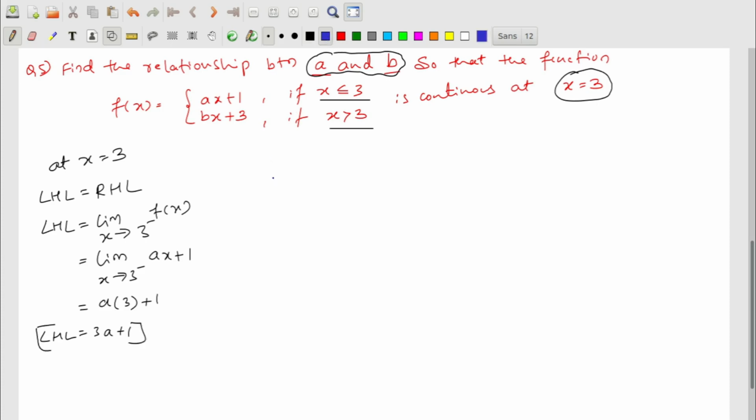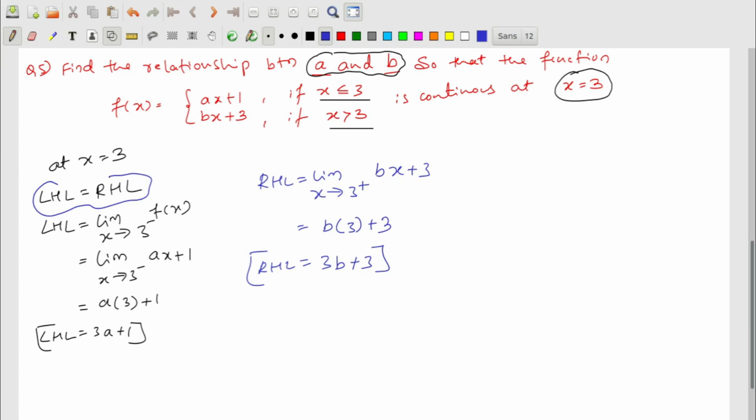Now similarly you get the RHL. What is RHL here? Limit x tends to 3 plus, right? So that is greater than 3. If x is greater than 3, then the value of the function is bx plus 3. Now substitute the values, that is b into 3 plus 3, which is equal to 3b plus 3. So that is our RHL. And we know that LHL and RHL are the same.